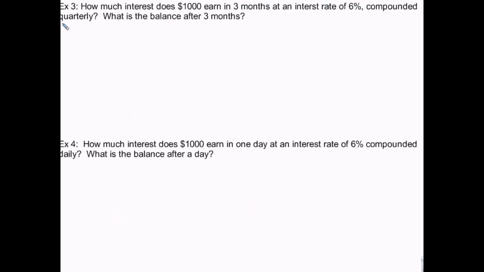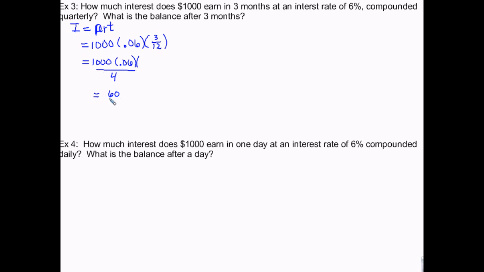So we have the $1,000, that's PRT again. So we have the $1,000, we're at 6% interest, but we're at 3 months instead of 6. And that reduces to 1/4, so we're going to divide by 4.